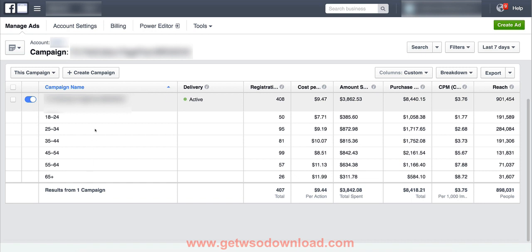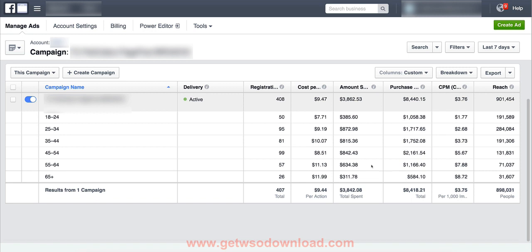Okay, here we go. Now I've got it in order by age group. So we've got 18 to 24, 25 to 34, 35, so on, so on. All right, over here in this column, we have how many sales we've generated. In this column, we have our cost per conversion. And in this column, we have money spent. And in this column, money made.